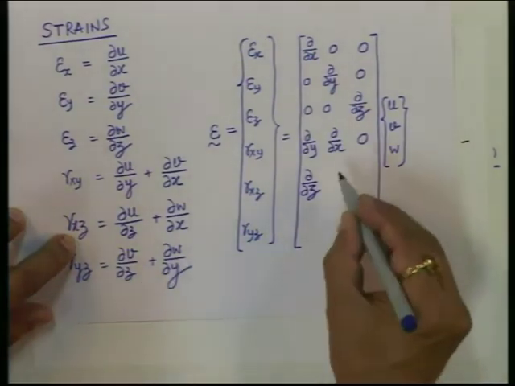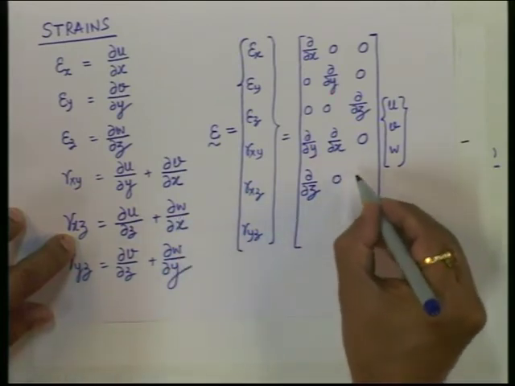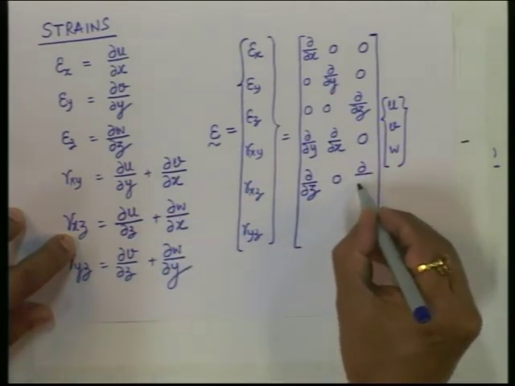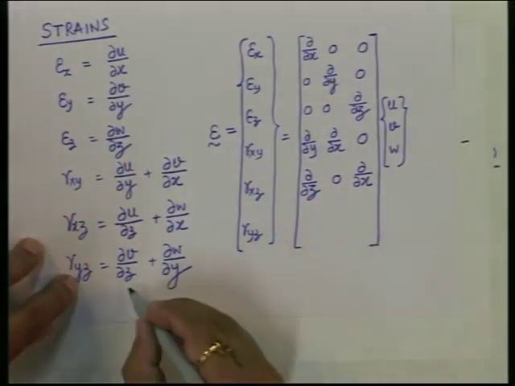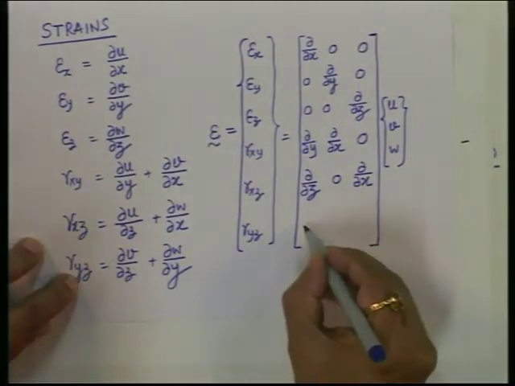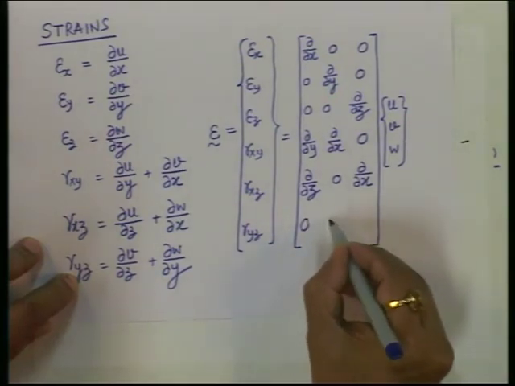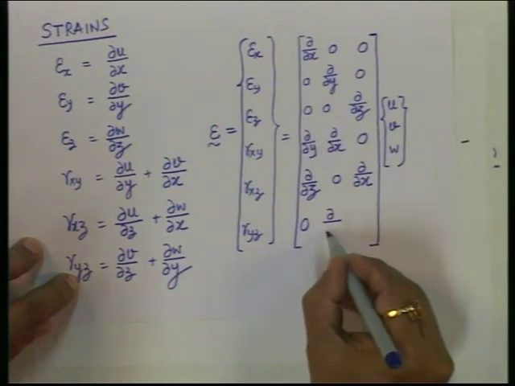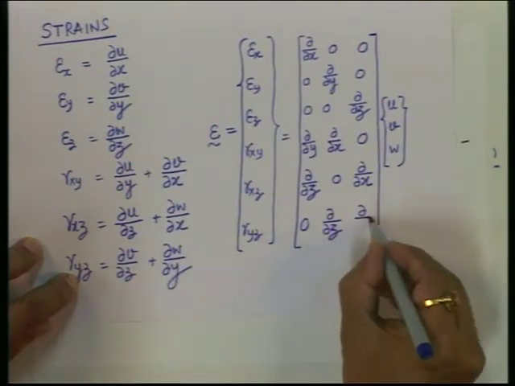Different books will give you different forms, and there is no w. So here it is 0 and del by del x, and last one del v by del z. Here x is not there, u is not there, so this will be 0, del v by del z and del w by del y.